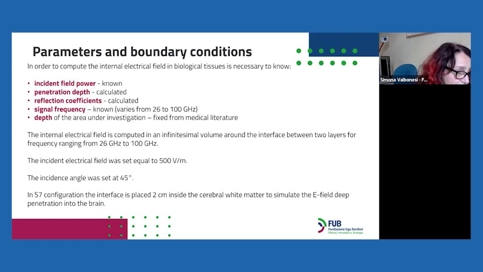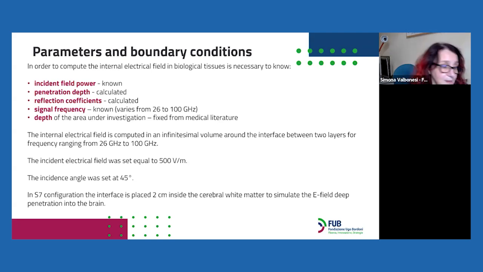The frequency of the radio signal is a known parameter, and the depth of the area under investigation, which is fixed from medical literature. The internal electric field is computed in an infinitesimal volume around the interface between two layers.